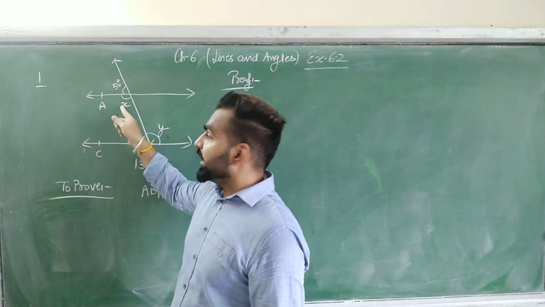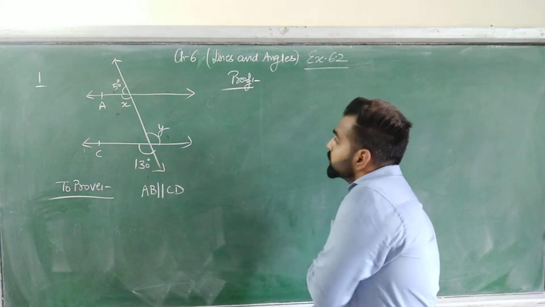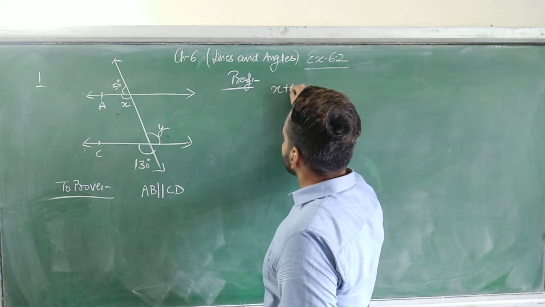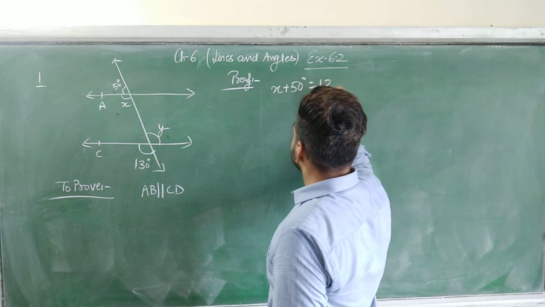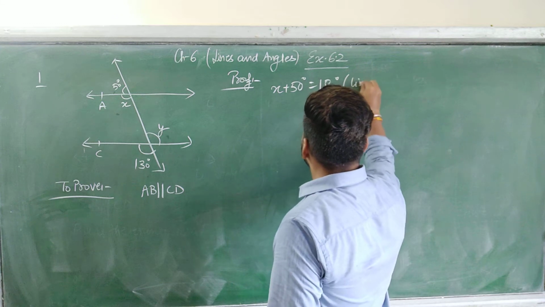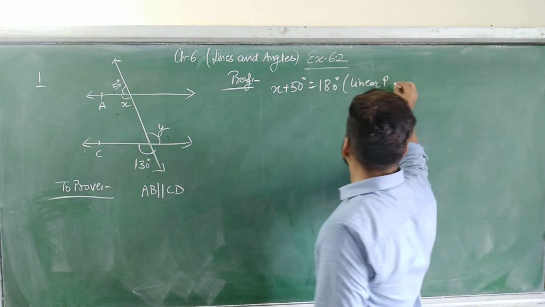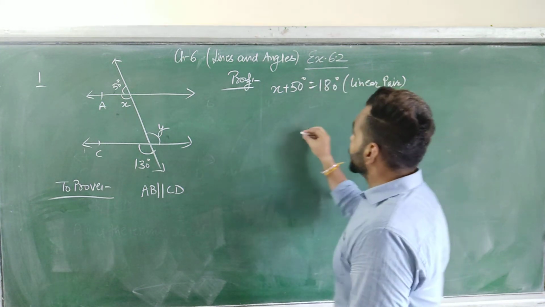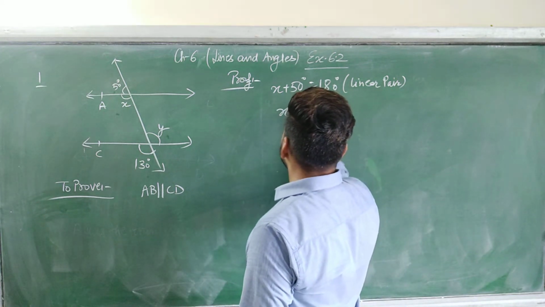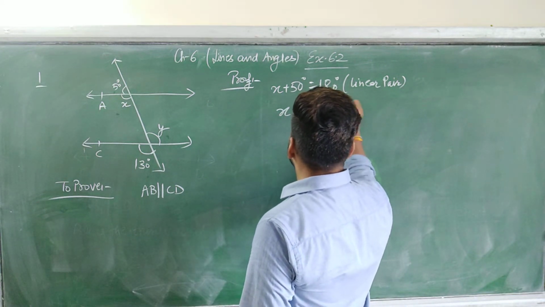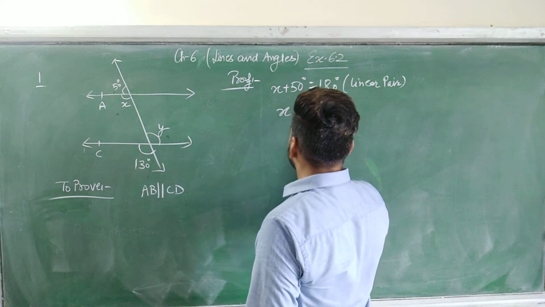Here we can see that this is a straight line. So 50 and x will form a linear pair. So we will write x plus 50 is 180. This is a linear pair. From here the value of x will be 180 minus 50, which is equal to 130.